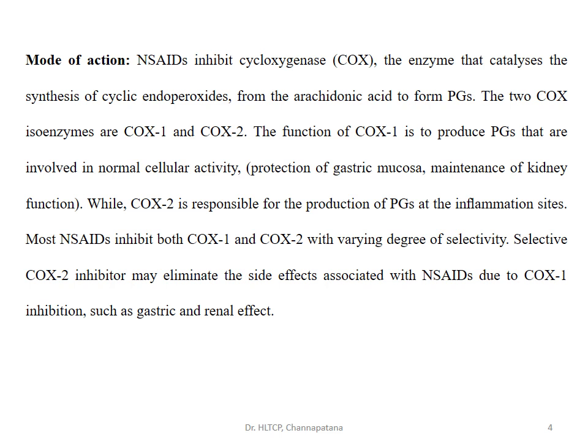COX-2 is responsible for the production of prostaglandin at the inflammation site. So COX-2 selectivity is most important, because COX-2 selective inhibitors may eliminate the side effects associated with NSAIDs due to COX-1 inhibition, such as gastric and renal effects.